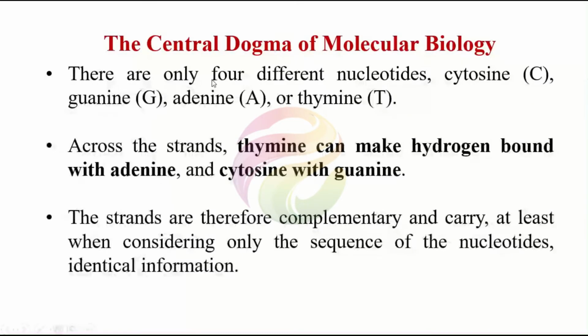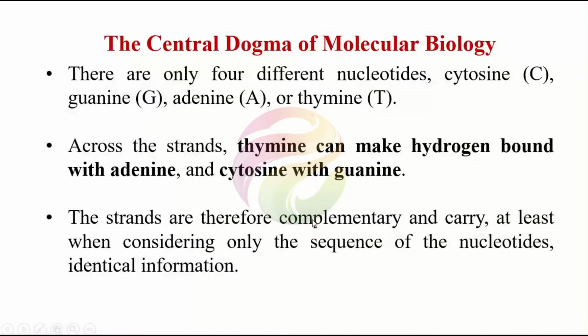So there are only four different nucleotides. We have already known them: cytosine, guanine, adenine, thymine, ATGCs. So across the strands, thymine always makes a hydrogen bond with adenine, and cytosine with guanine, according to the rule.